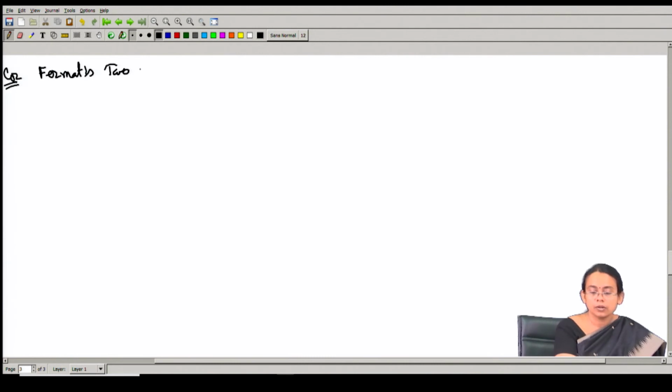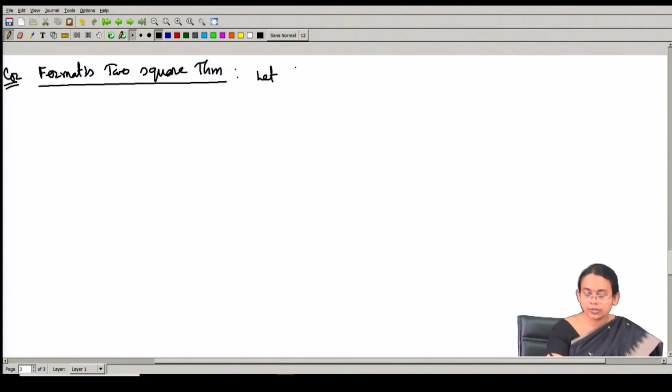Fermat's two square theorem. So, what does it say? Let p be a prime integer.